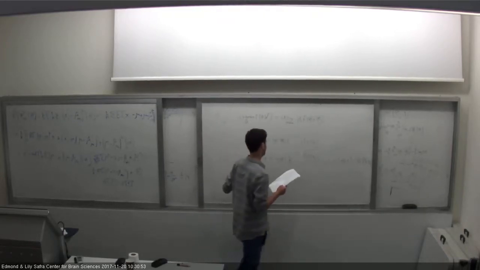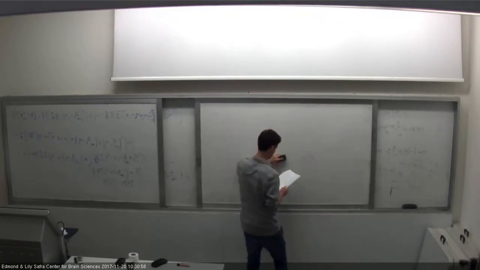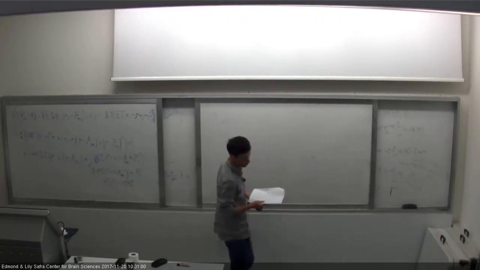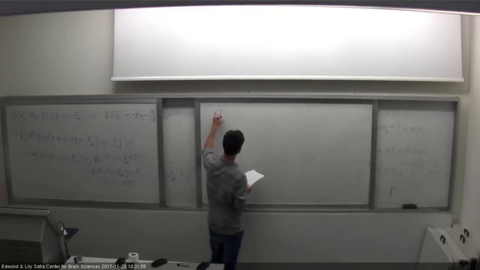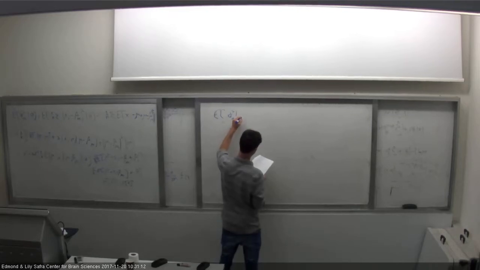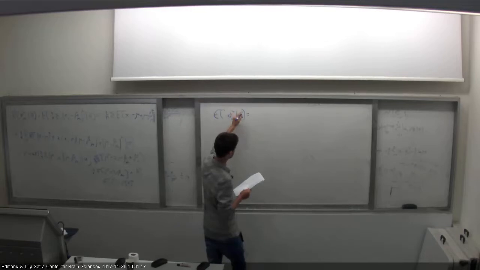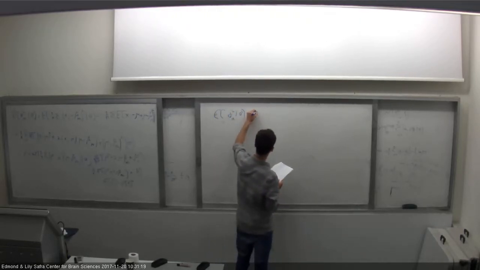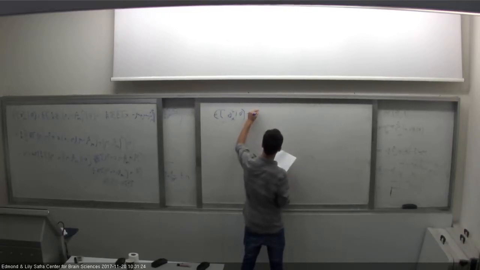Okay, so the point is that at the end we will get the expected value of the maximum likelihood sigma to the square given theta is equal to sigma to the square times n minus 1 divided by n.